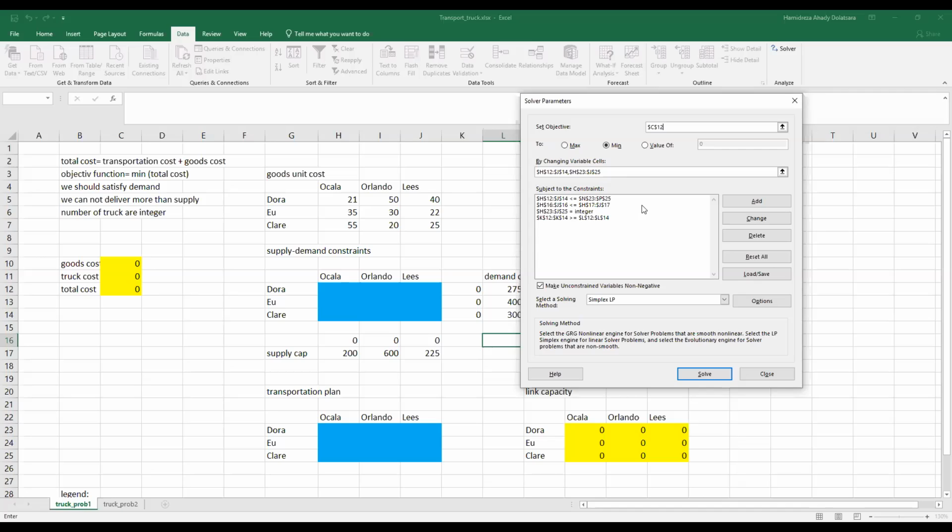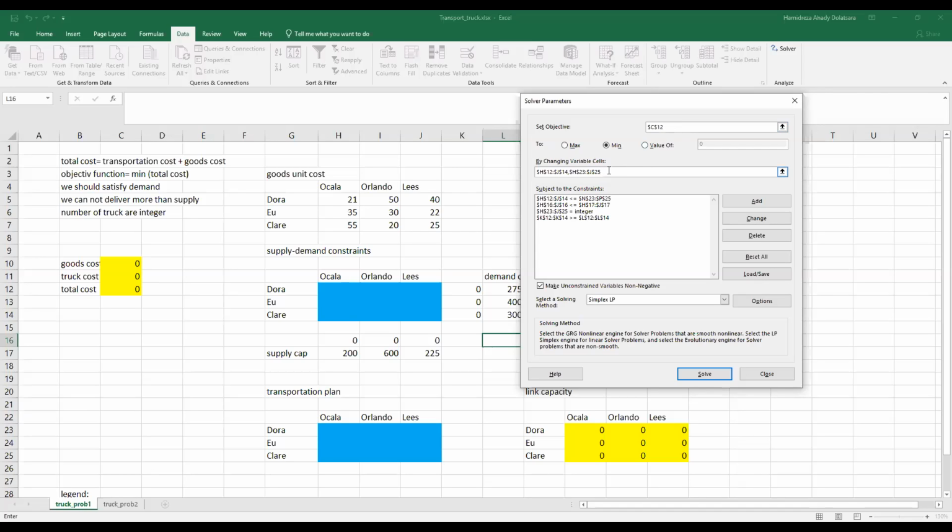The next option just says it is a minimization problem. In the next option, I'm saying changing the value of these cells, and calculate the objective function. But which are those?